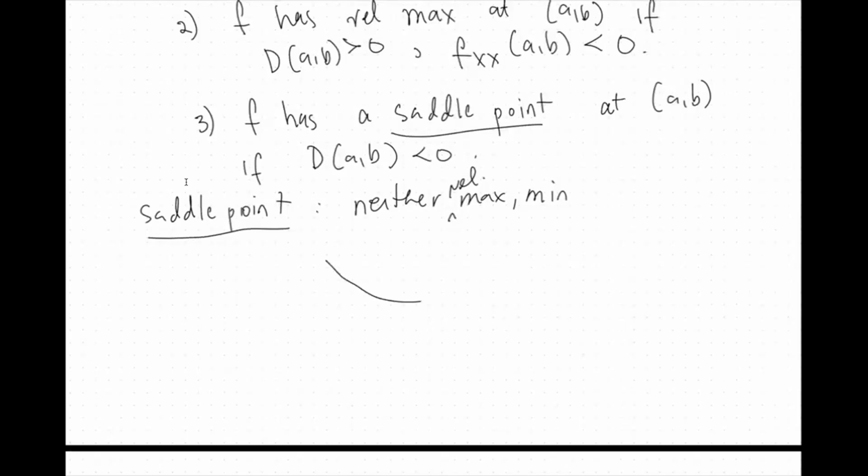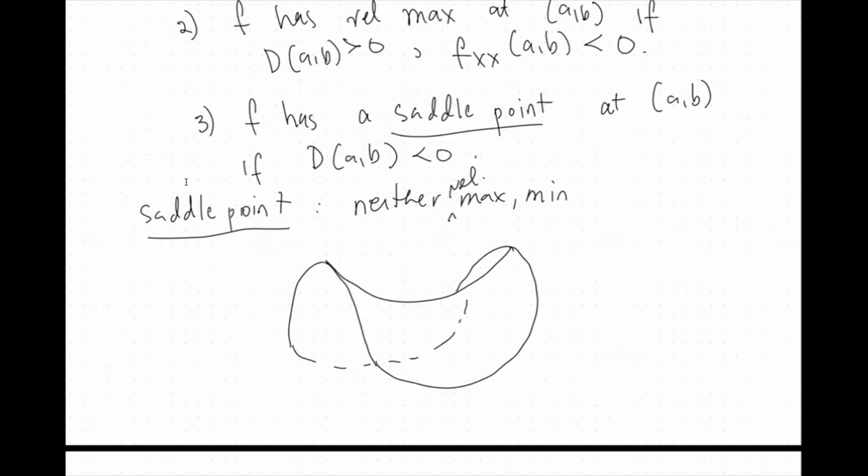It derives its name from the word saddle. So for example, you get this as your graph of this function. So here is the saddle point. One characteristic of this point is that the first order partial derivative here is 0.